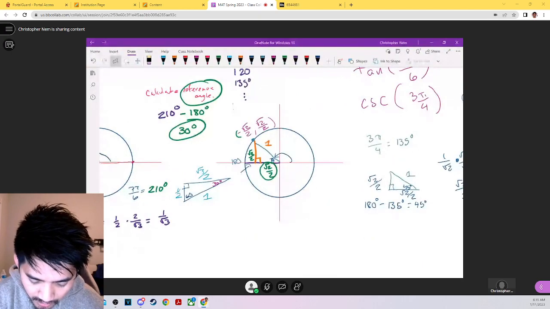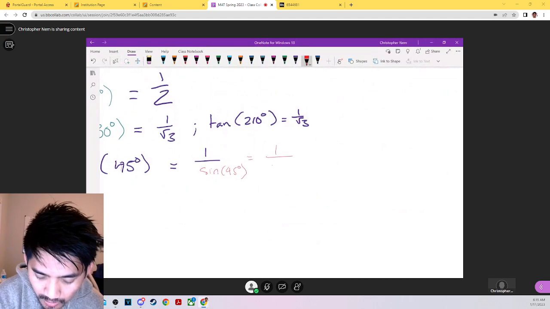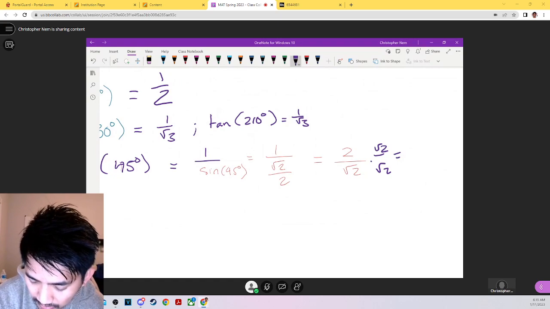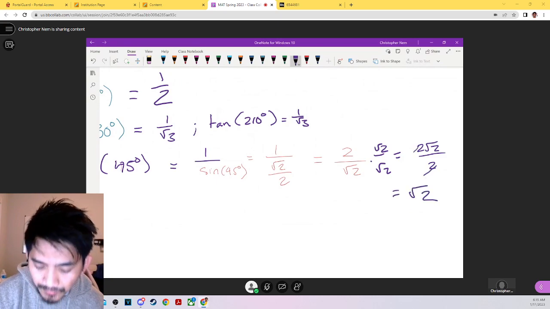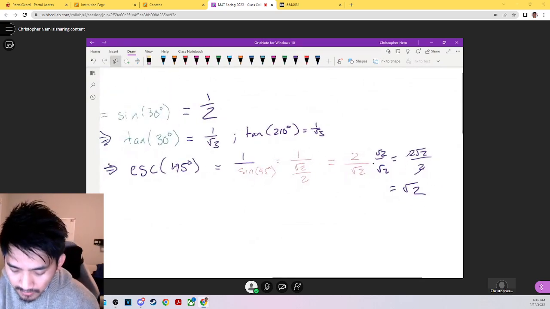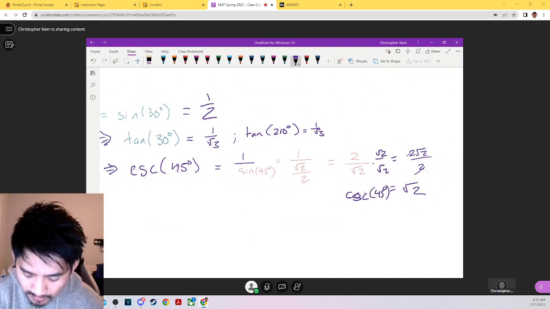The y value here is square root 2 over 2. So 1 over square root 2 over 2, which is equal to 2 over square root 2. But then you have to rationalize it, so you multiply this by square root 2 over square root 2, which equals 2 root 2 over 2. So we just get square root 2. Now, that's cosecant of 45 degrees.